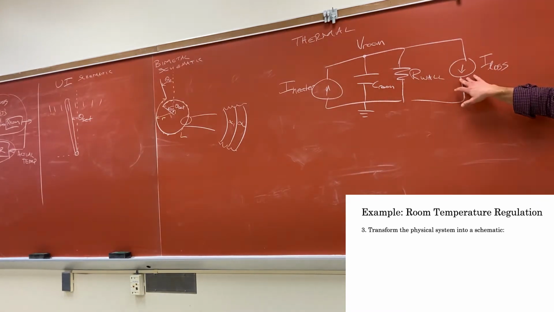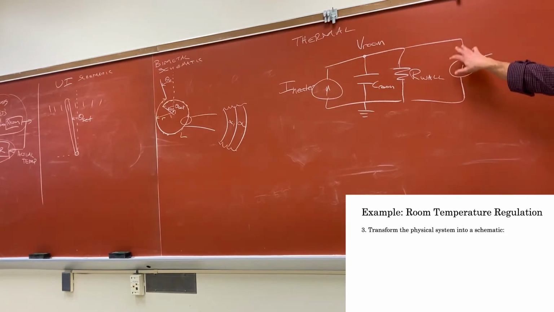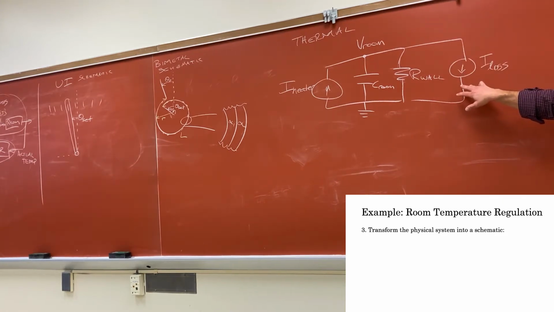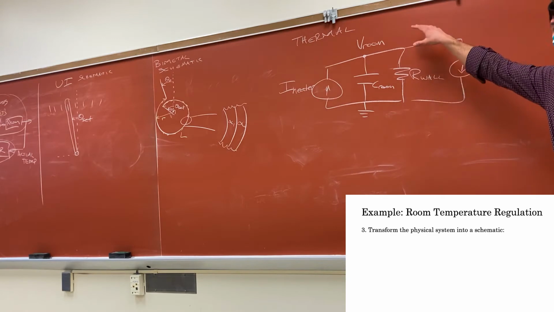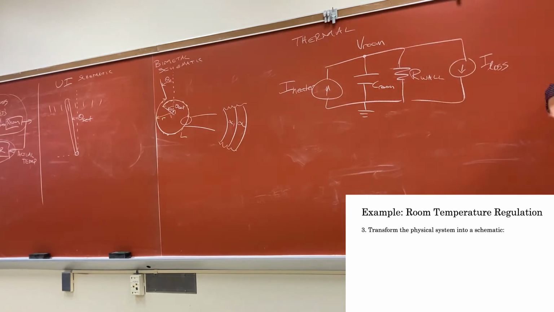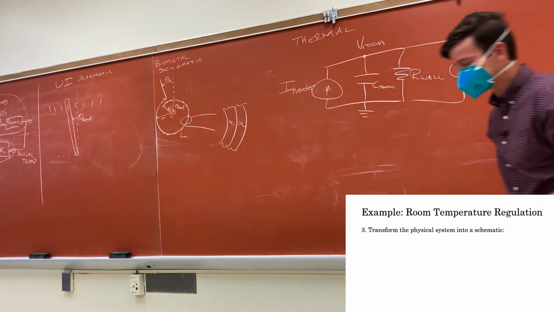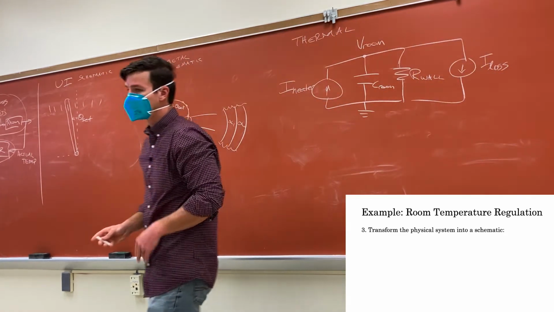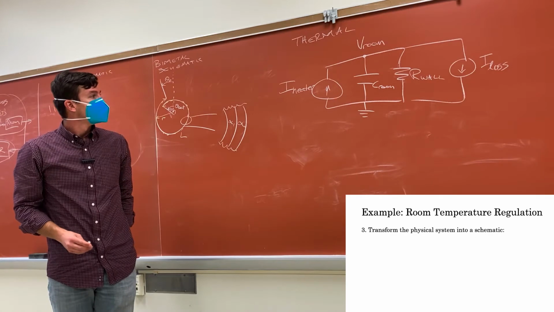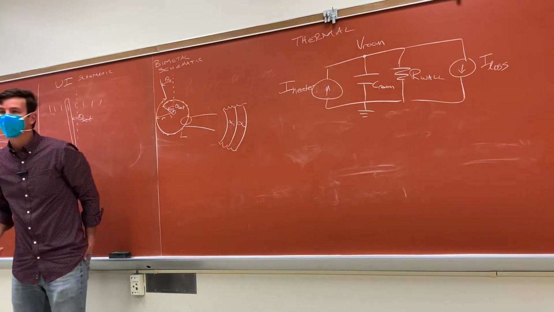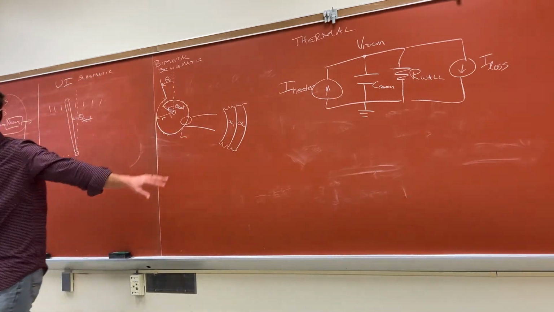Because it's an independent current source, the amount of current it conducts is not dependent on the heat in the room or the heat outside, and we can vary this as an independent source. Small window opening, small current; huge window with a fan, large current. All right? Look at that, heat transfer, not so bad.